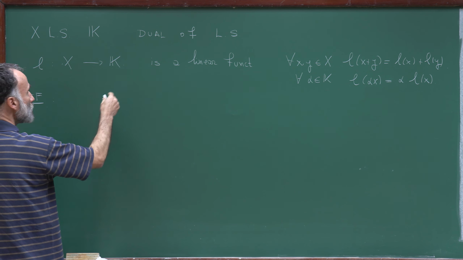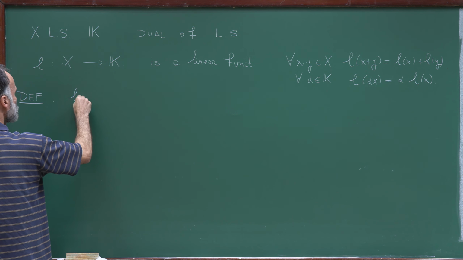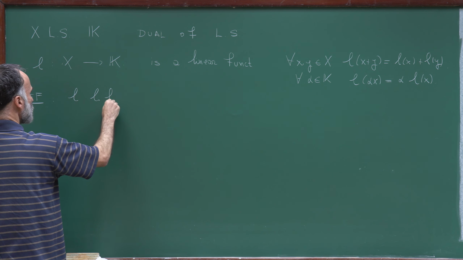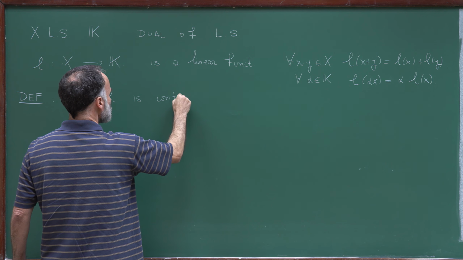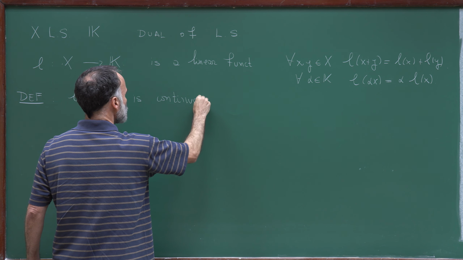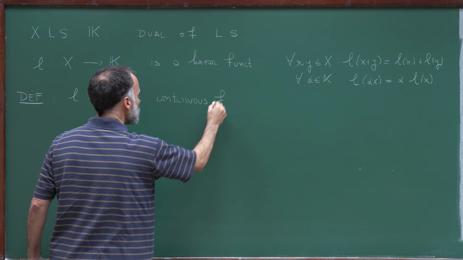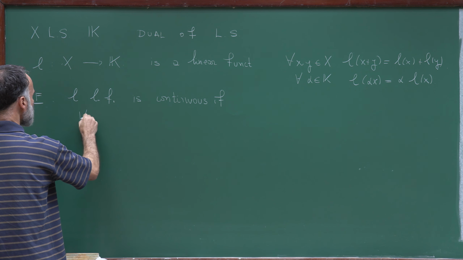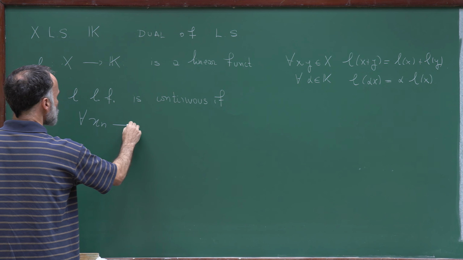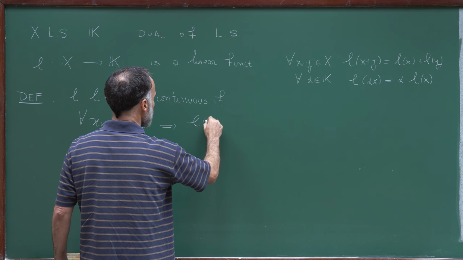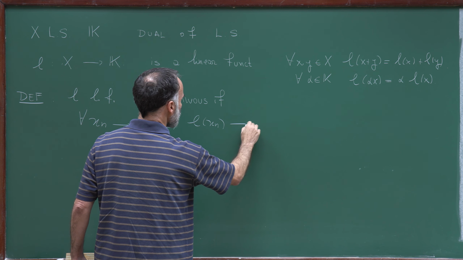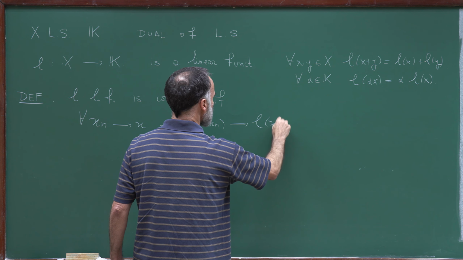So I'll say that a linear functional L is continuous if for all sequences xn converging to x, then L xn converges to L of x.